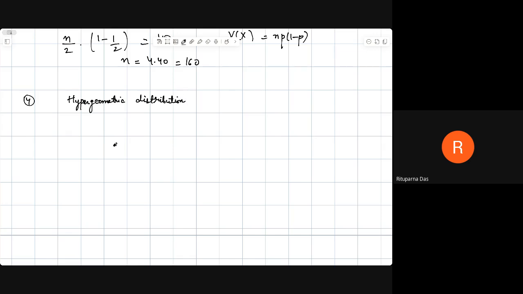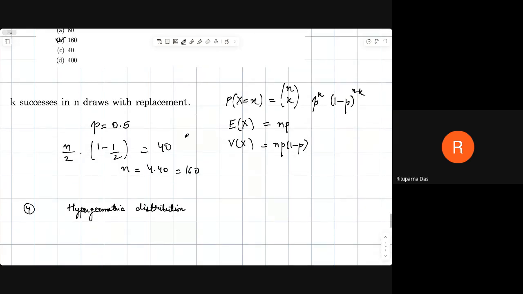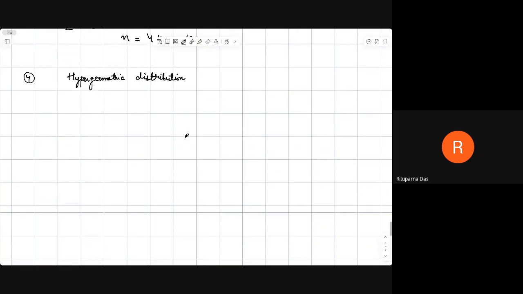So this is for k successes in n draws without replacement. So what do we mean by that? We say that we have a set of balls, and there are a certain number of black balls and a certain number of white balls.